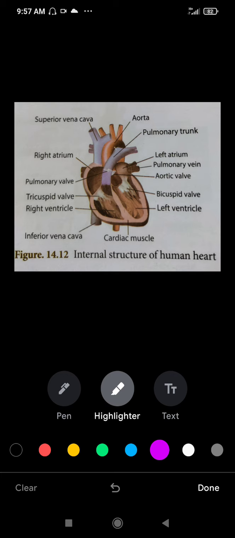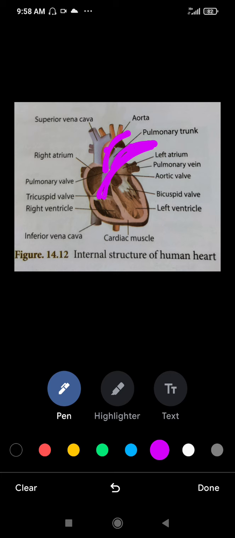First of all, we will learn about the semilunar valves. The semilunar valves are present on the aorta and the pulmonary trunk. These valves, at the vessels that leave the heart, prevent the backward flow of blood into the ventricles. They do not allow the blood to flow back down into the left and right ventricles.